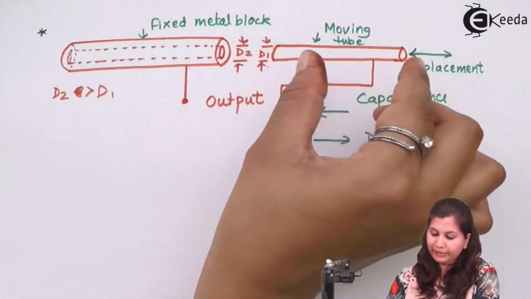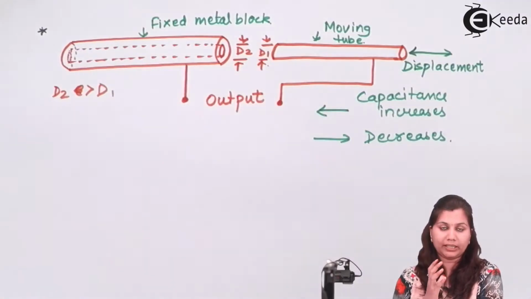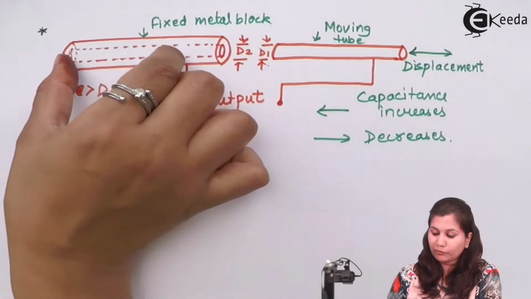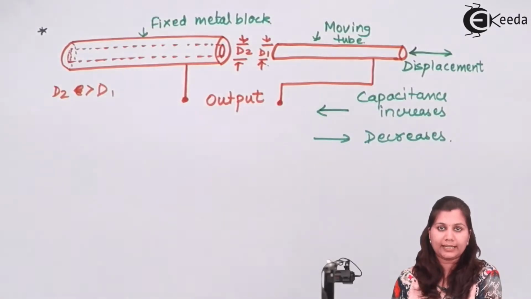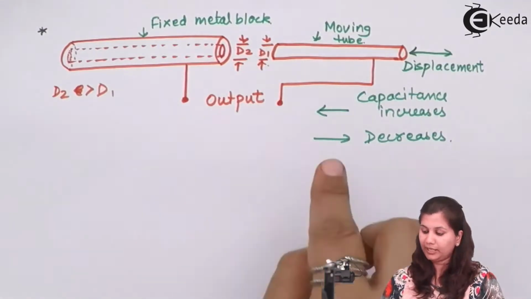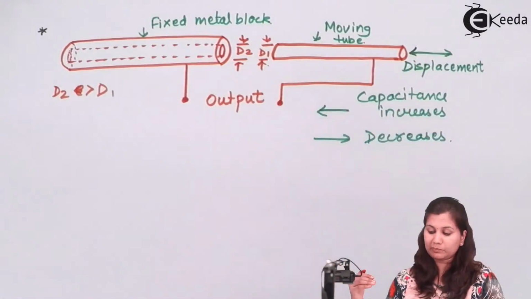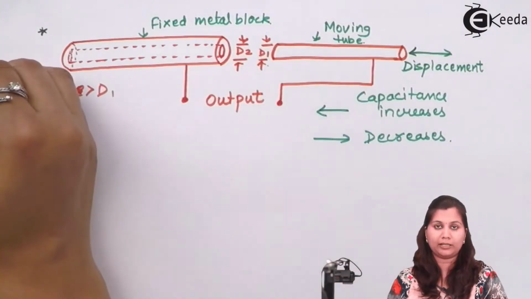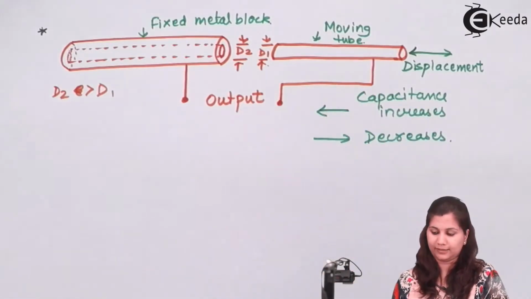So when this moving tube is completely inside the fixed metal block, the overlapping area is more. And when the moving tube is moved outside the fixed plate, the overlapping area will be less. So when the displacement is in this direction, meaning it is moved outside, the capacitance decreases because the overlapping area decreases. And when the displacement is in the left hand side direction, meaning the moving tube is moved inside the fixed metal block, the overlapping area is more, so the capacitance increases.